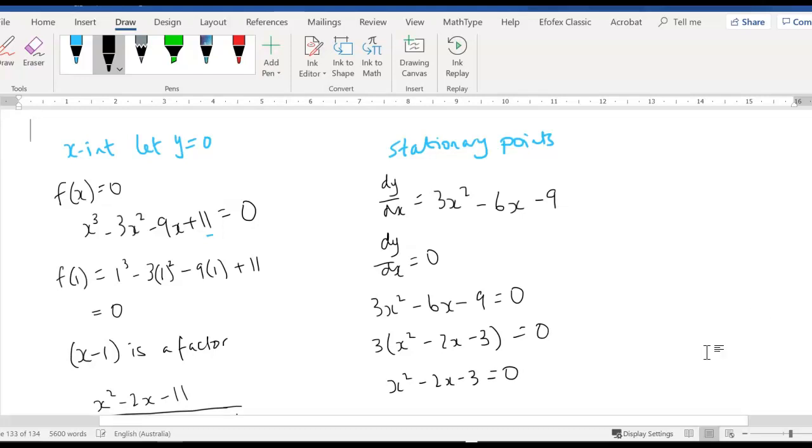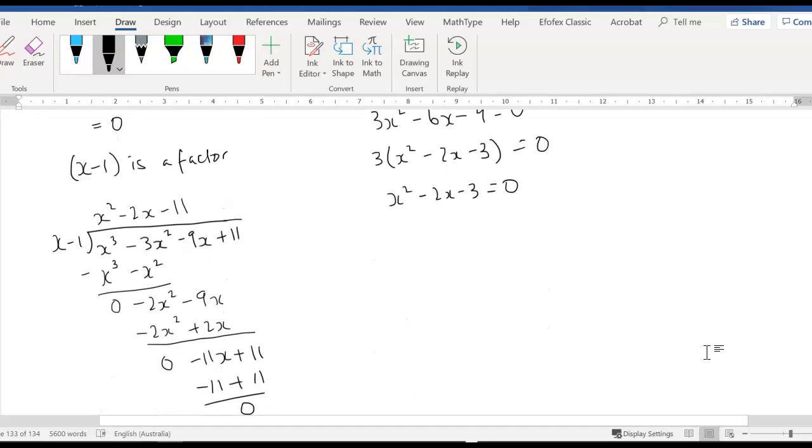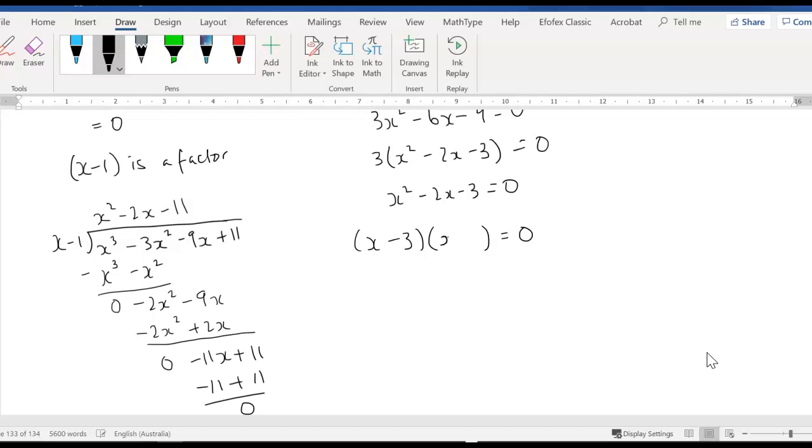And that is easily factorized, which is great. We don't have to use the quadratic formula, but you can if you want to. So two numbers that multiply give you negative 3 and add to give you negative 2. So they're going to be negative 3 and 1. So we have stationary points at x equals 3 and x equals 1. Sorry, negative 1.